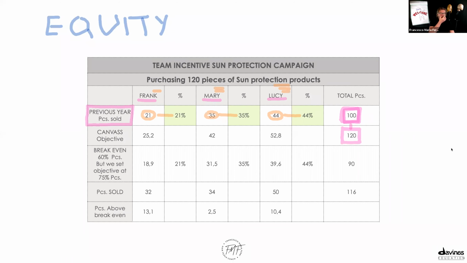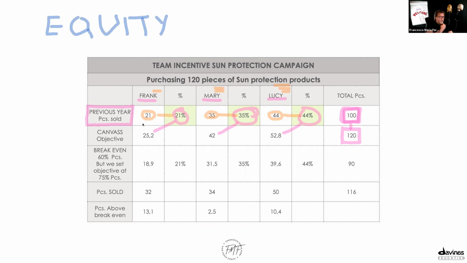Now, if I respect the same proportion here, guys, I then need to recalculate the objectives they have, which is 20, which is going to be 25, 42, and 52.